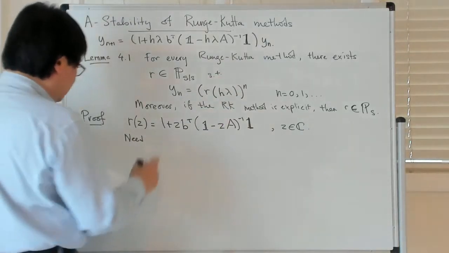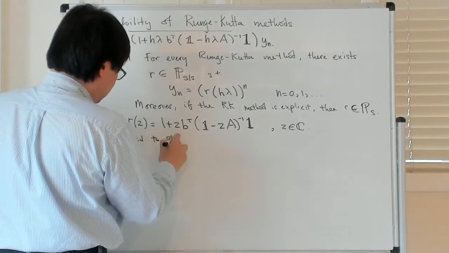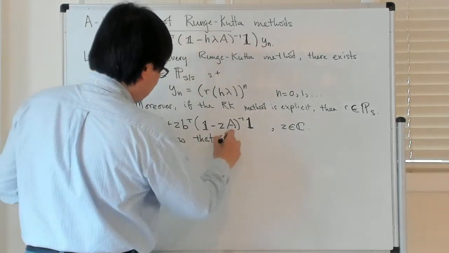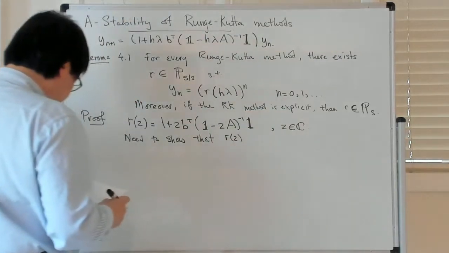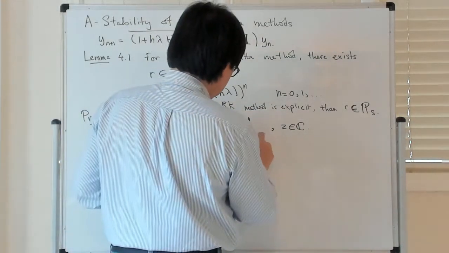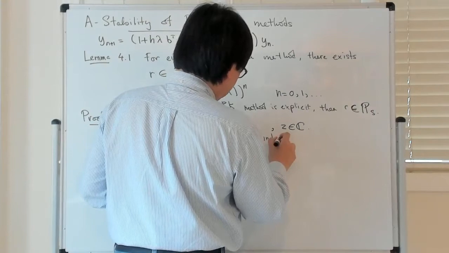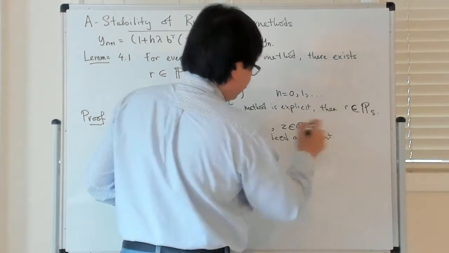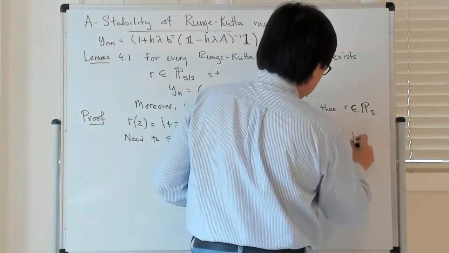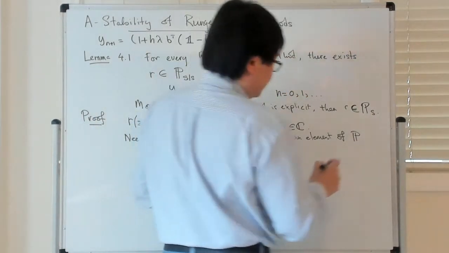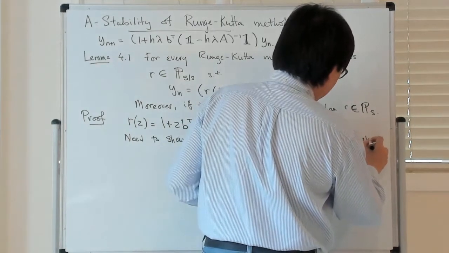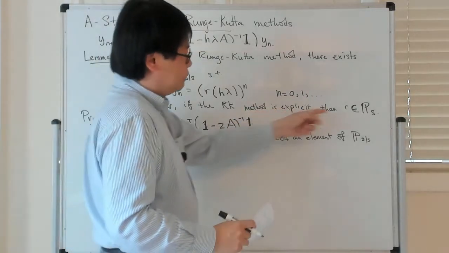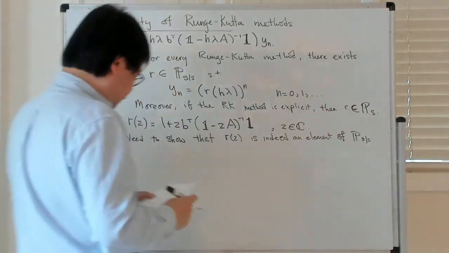So you just need to show that this function R of z is indeed an element of the rational functions with degree s for the numerator and s for the denominator. And if you're in a situation where it's explicit, it really just is a polynomial of degree s.